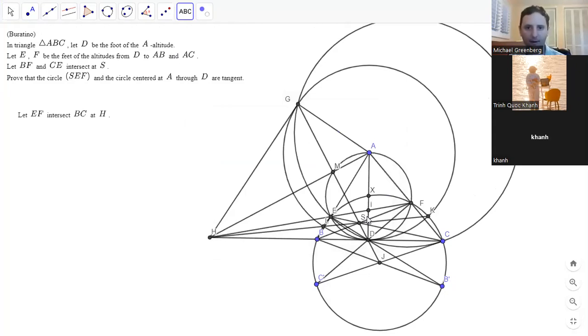Okay, and then first we claim that BEFC is cyclic. That's just an easy angle chase, because basically angle AEF equals angle ABF equals angle ACB. So first, AEDF is cyclic.